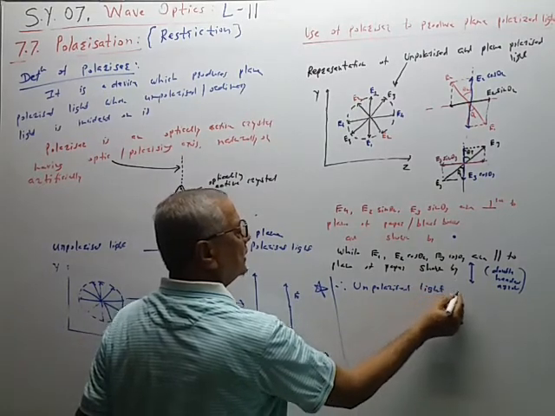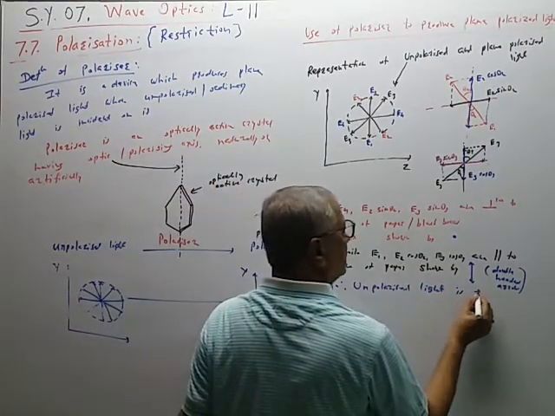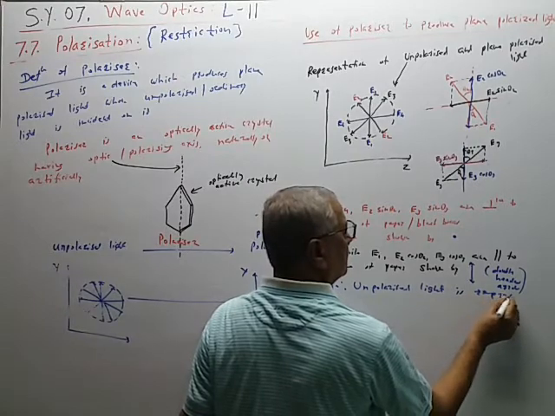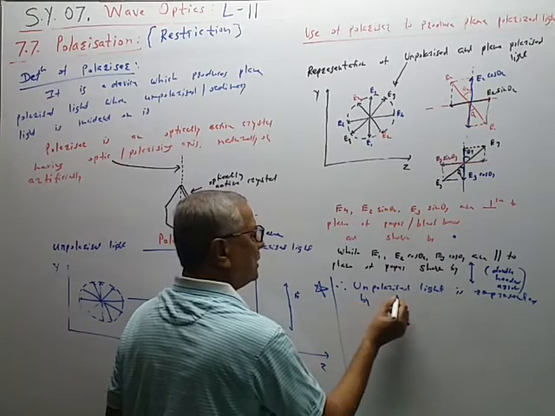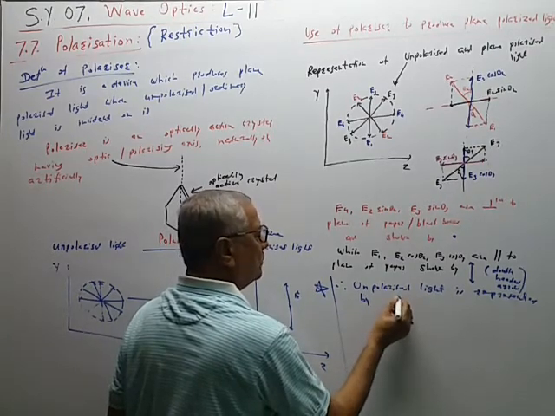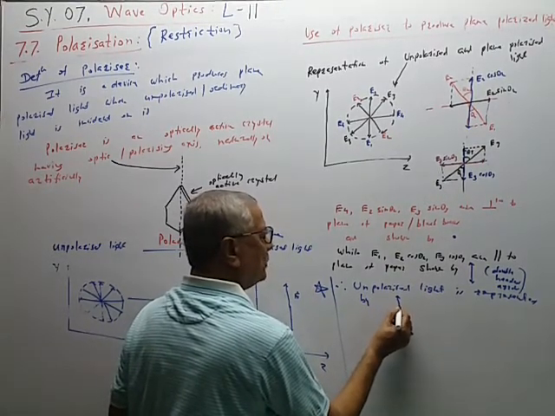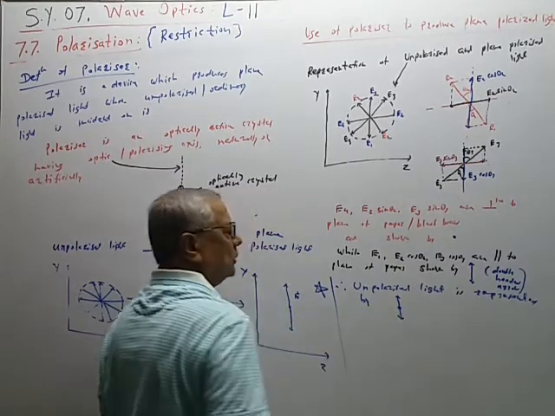Unpolarized light is represented by a parallel component as well as a perpendicular component, arrow and dot.